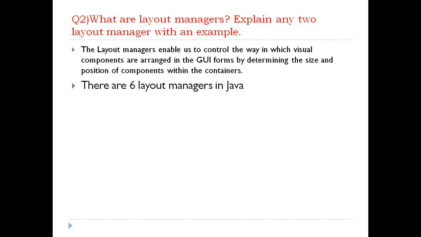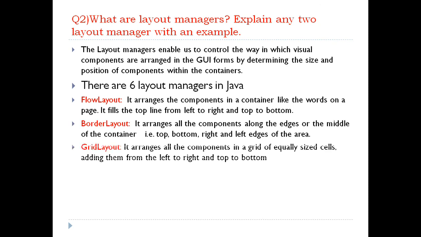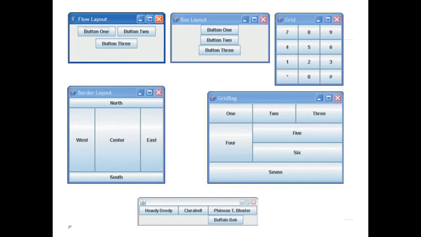There are five types of layout managers in Java. The first one is flow layout, and the second one is border layout, then grid layout, box layout, and card layout. These are the different examples. Flow layout is like writing words on paper: we start from the top left, then move to the right, so the format of arranging is top to bottom, left to right.